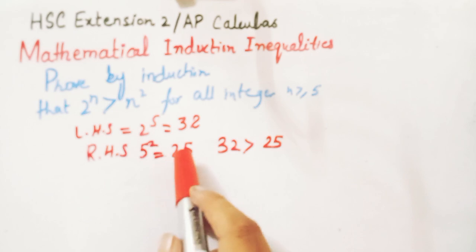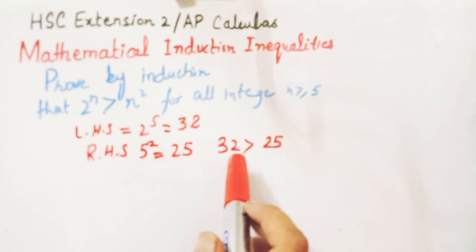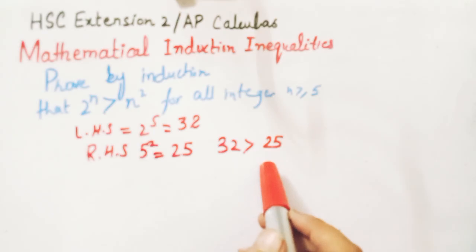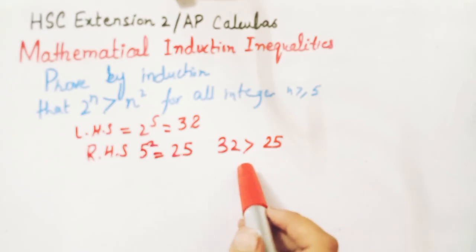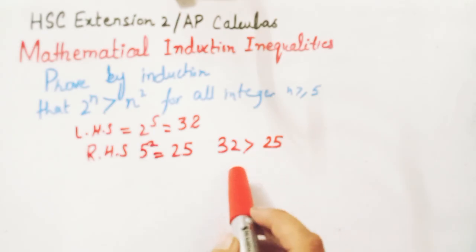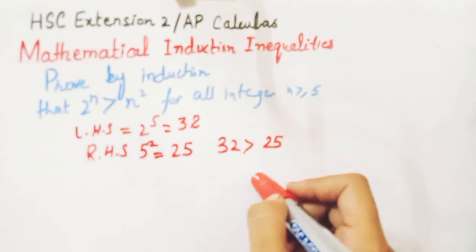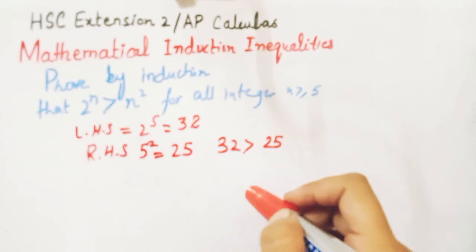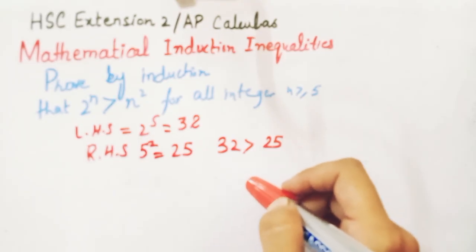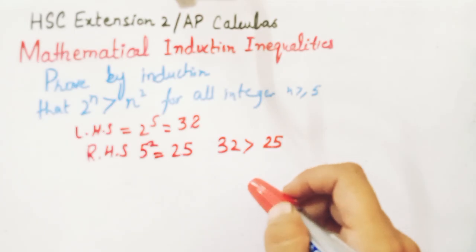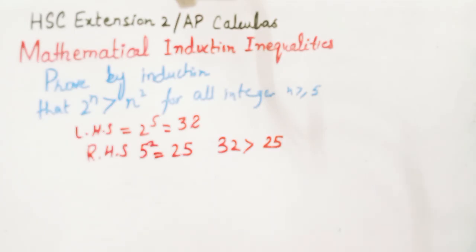Since 32 is strictly greater than 25, our base case holds perfectly true. Always write the conclusion to secure your first structural marks.